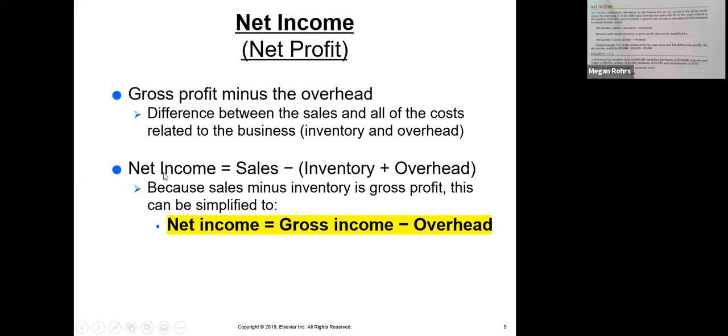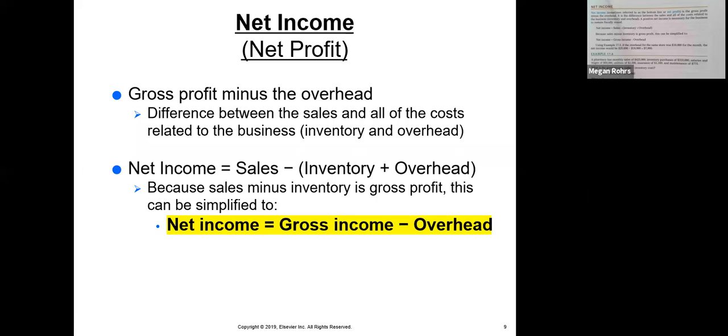So net income, we're going to still take all of our sales, and we're also going to subtract out the inventory just as we did with gross income, but we're also going to subtract all of the other expenses, what we mentioned earlier as our overhead. So if you'd like, you can, in a sense, basically calculate up all of the expenses first and then subtract them from the sales.